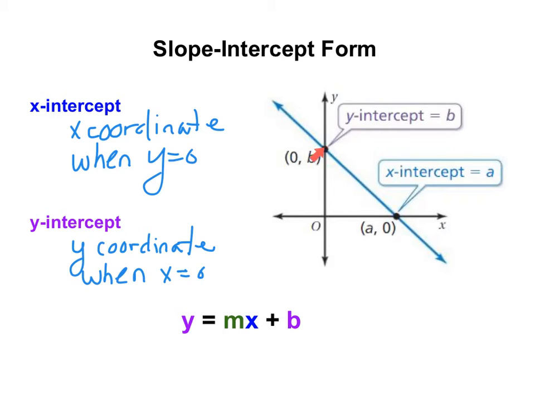Now, why is that important? Well, this is the slope-intercept form. When we look at our slope-intercept form, here is the letter b right here. So b is my y-intercept.